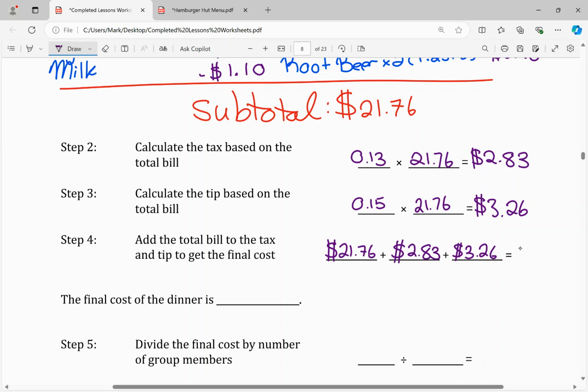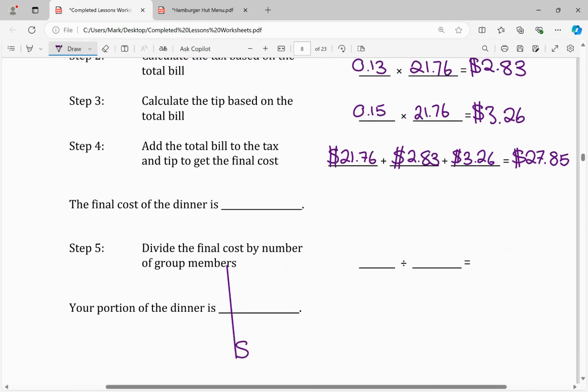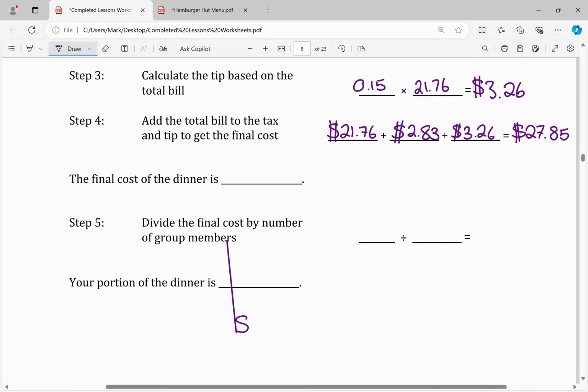Bringing us to a total of $27.85. So before tip and tax was $21.76, after was $27.85, and that answers question A, which was, what is the total cost of dinner? I'm just going to rewrite here, $27.85.